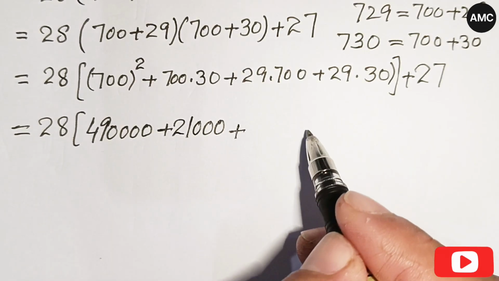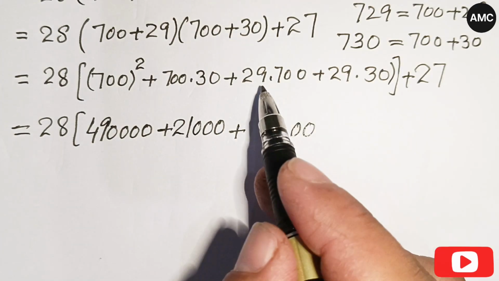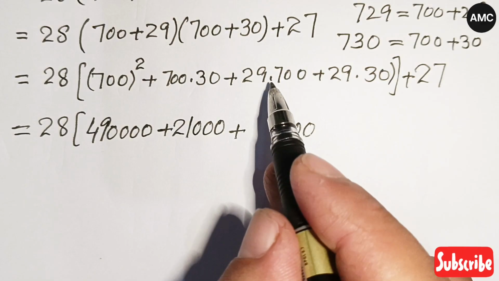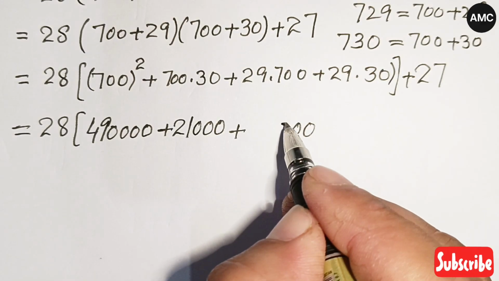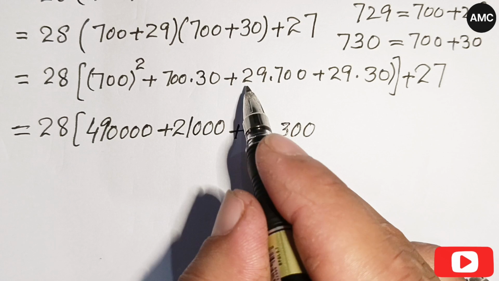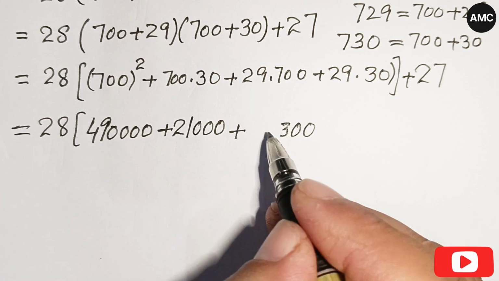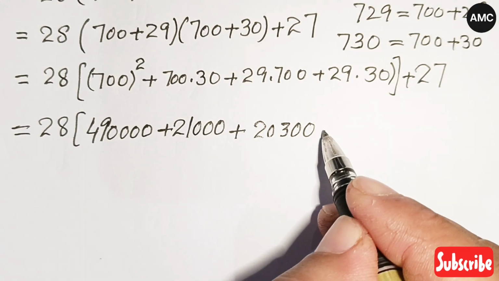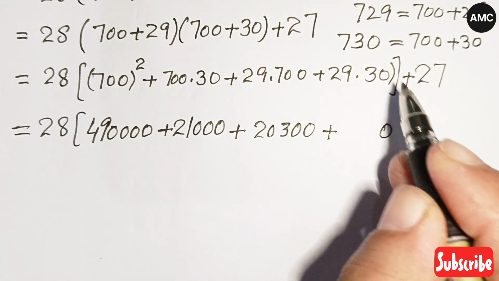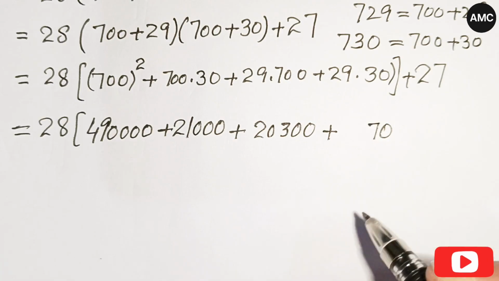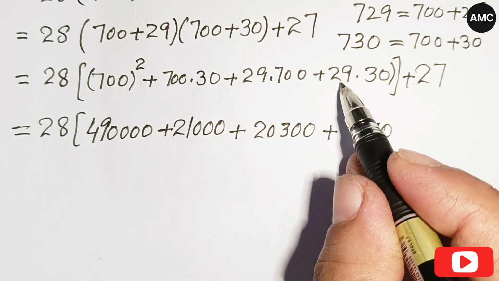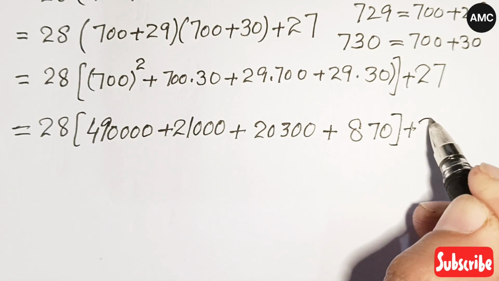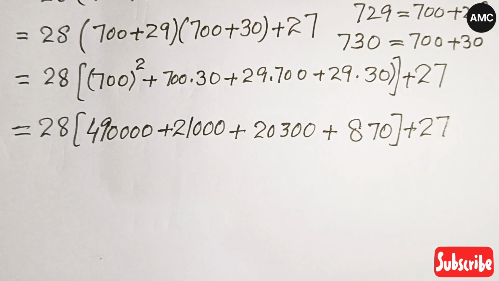Plus here we have 2 zeros, and if we multiply 29 times 7, we get 7 times 9 is 63, 3 carry, 7 times 2 is 14 and 6 is 20. We have 2300, and plus here we get 0, 3 times 9 is 27, 2 carry, 3 times 2 is 6 and 2 is 8. We have 870 and plus 27.